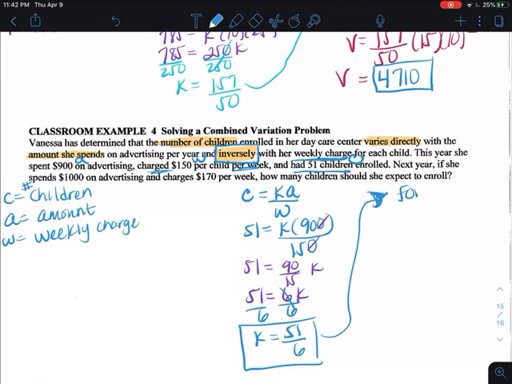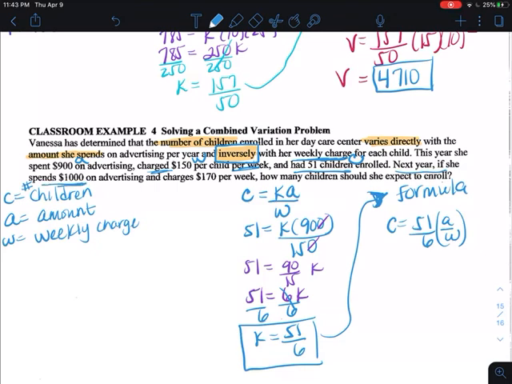So my formula is going to be C equals 51 over 6, that's K, and the A over W goes beside it. All right, you could put A over W in parentheses because it's still going to be a fraction. Your K happens to be a fraction also.